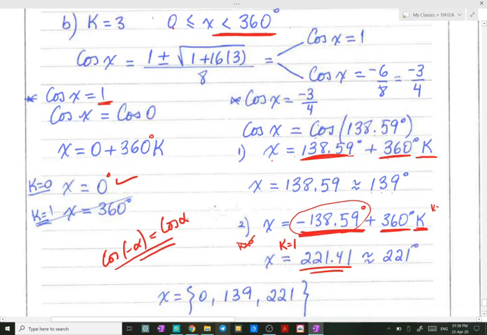When k is 2, it's more than 360. So this is why we only have these three values for x, which is the angle in degrees when k is equal to 3.